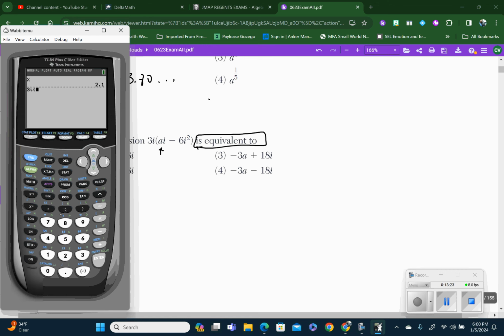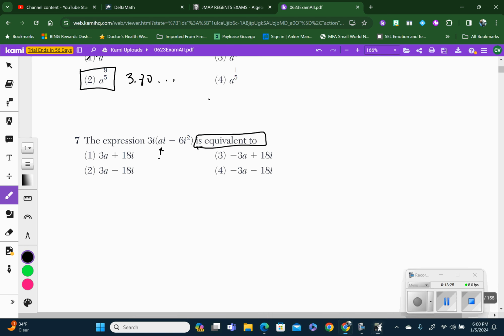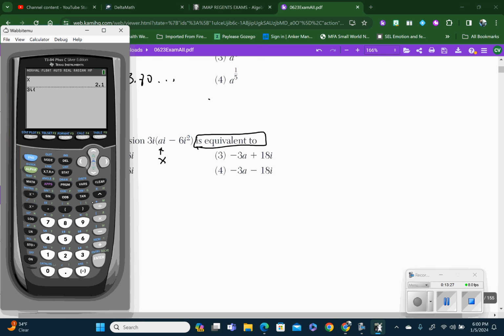And then we go parentheses. Instead of my A, I'm going to substitute it with an X. So I put in X, I, so second parentheses, second decimal again. And I have minus 6I squared, and then I'm going to close parentheses.